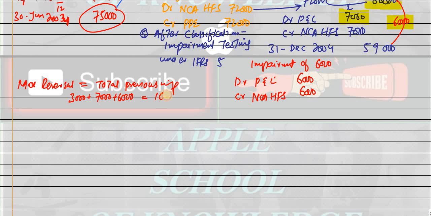So it will be like 16,000. It means that the maximum reversal will be limited to 16,000 only. Okay, this question has completed.